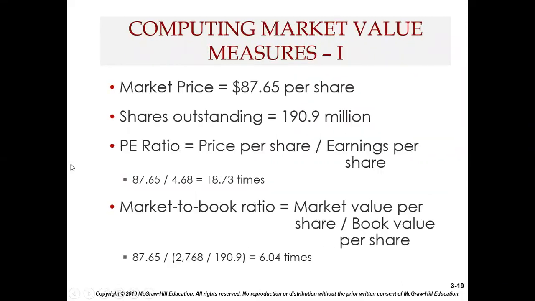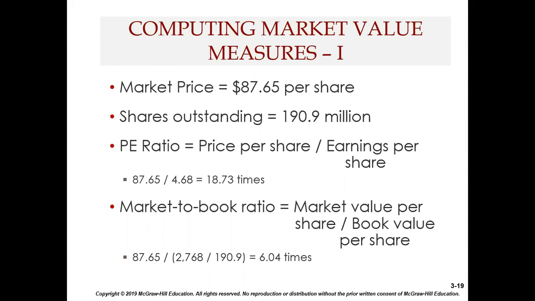Now, the next ratio is the price earnings ratio. So this is telling you how much an investor values $1 of earnings per share. So we calculate it by taking the market price of the stock, $87.65, and dividing it by earnings per share.